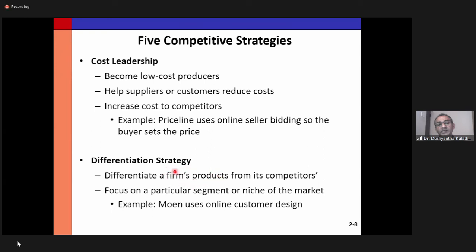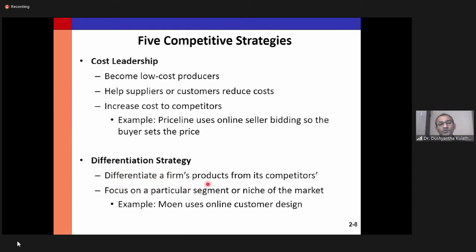At present, maybe your products and the competitor's products may not be differentiated. All products may have more or less similar features, but if you incorporate some key features which can change your product from the competitors, that can be considered as differentiation.